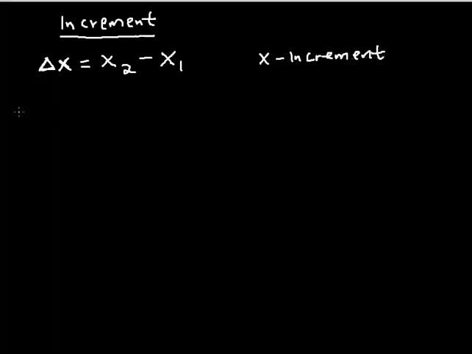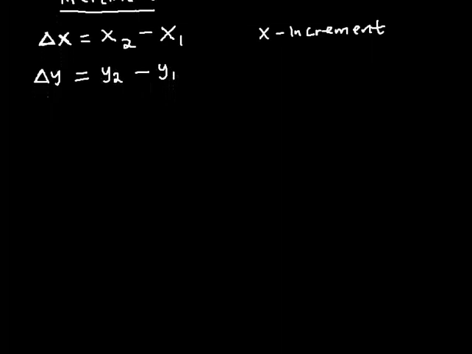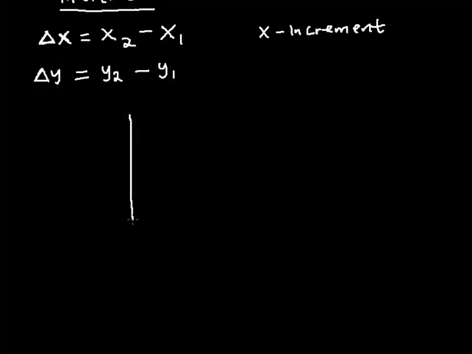The same thing also happens with the y increment. You do y2 minus y1. Now, how do I represent that in a graph? Let's look at a situation where I have two points in the graph. Let me draw that one: point A and point B. Let's say point A has the coordinate (x1, y1).